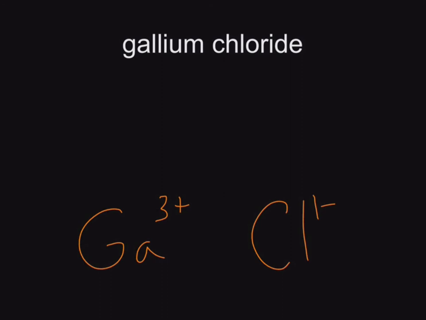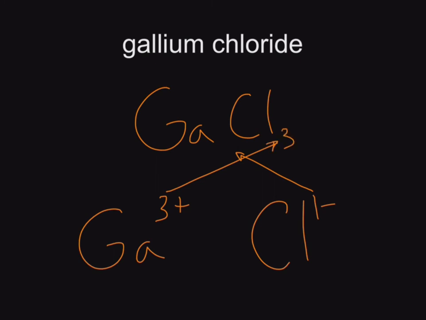Now, in order to make this work, when we write the formula, we use the numbers to come up with the subscripts. So gallium, we need one of those, and in a formula, we don't need to write the one, so it's just Ga. And then chloride, we're going to need 3 of those, so that's where the number comes from, and we make that into a subscript.